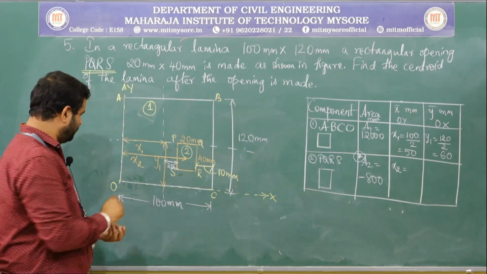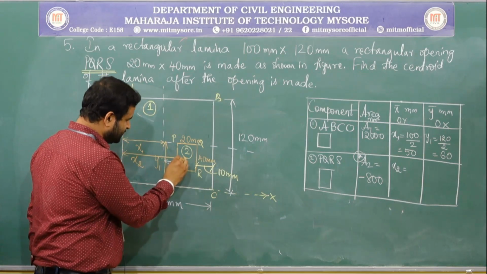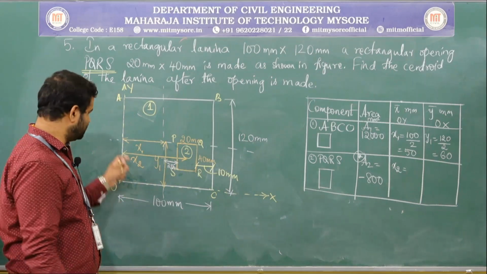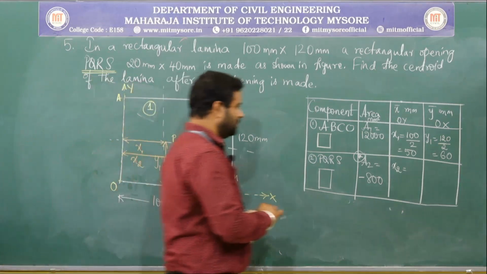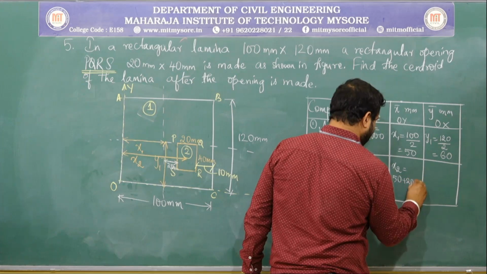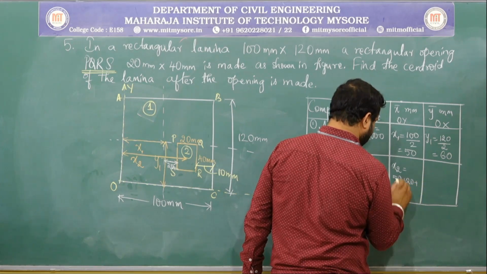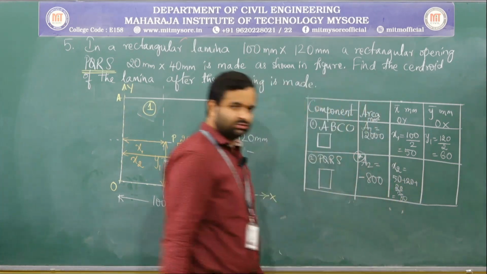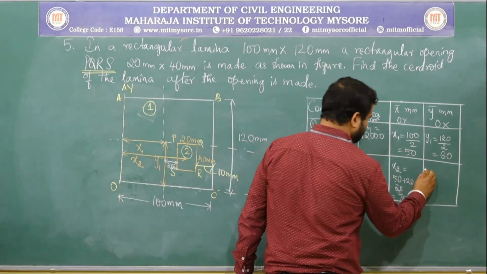So, if you measure it from the OY axis, it is 50 plus 20 plus 20 by 2. Am I right? That is 50 plus 20, 70, plus 20 by 2, which is equal to 70 plus 10, 80. x2 is 80 mm.